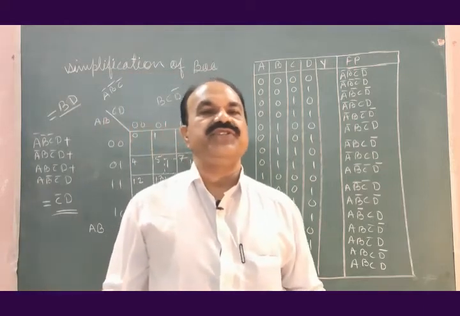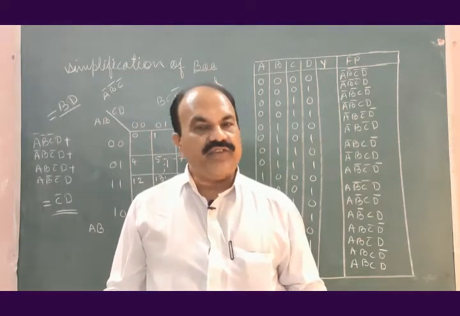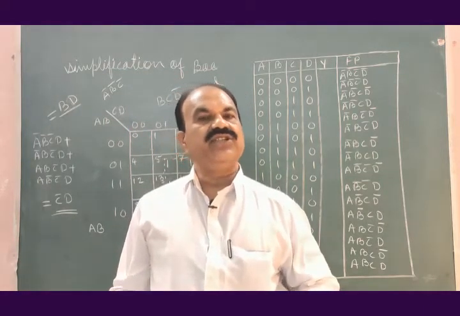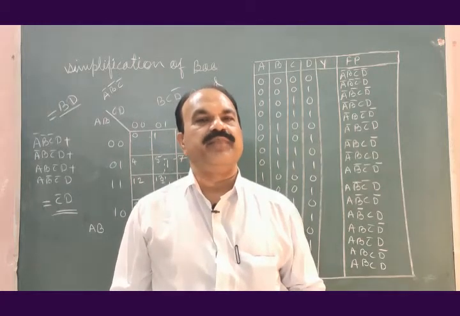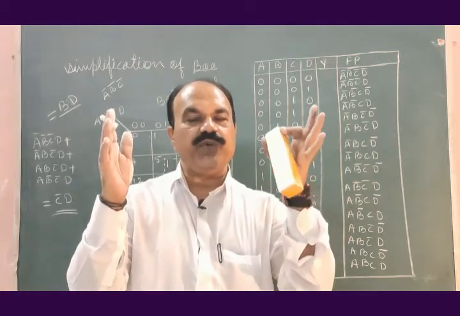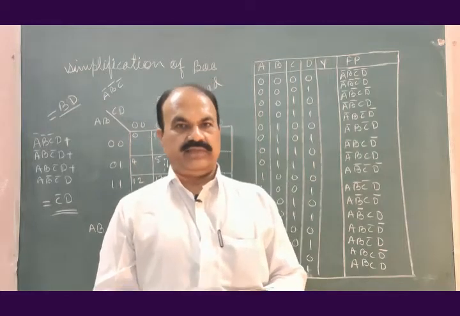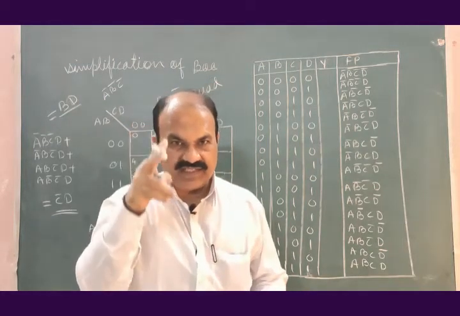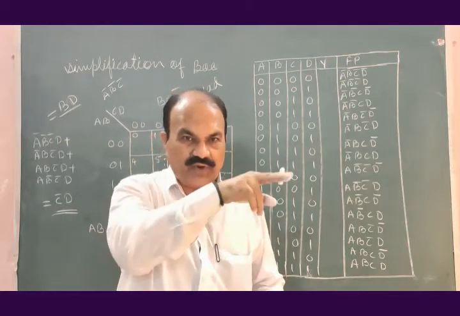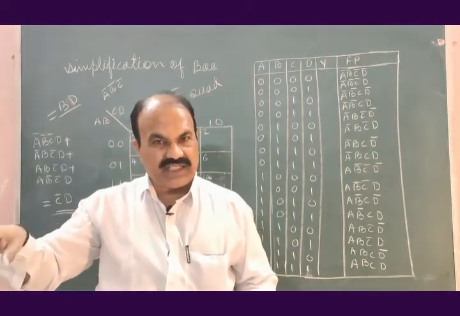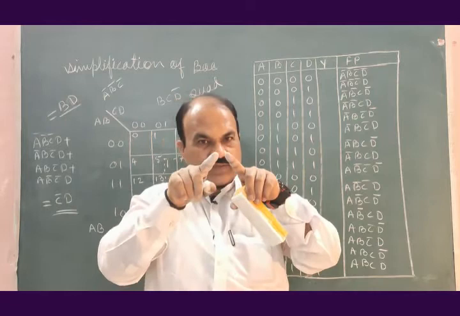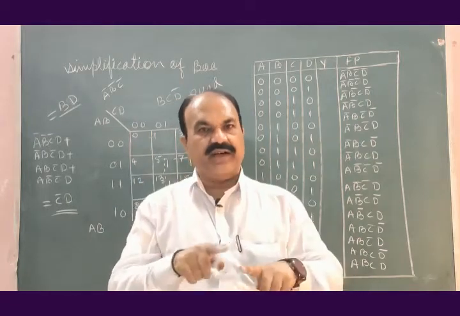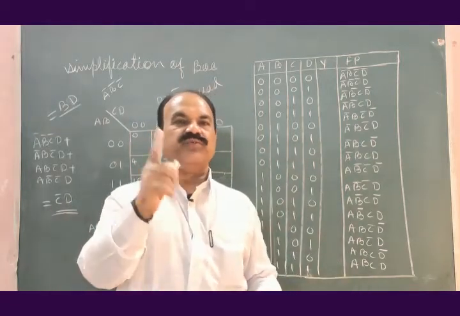So whenever we see the ones entered on the cells of the K-map, first see if you can form a quad. The 4 ones may be adjacent vertically, horizontally, or in a square.